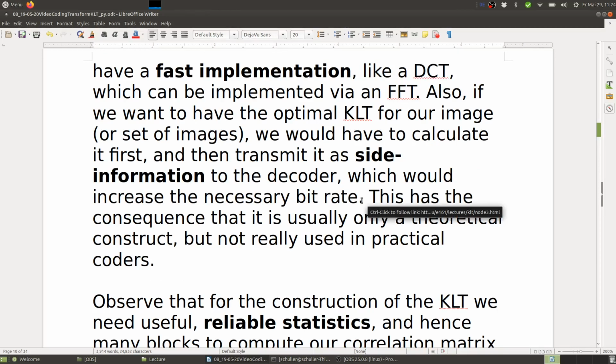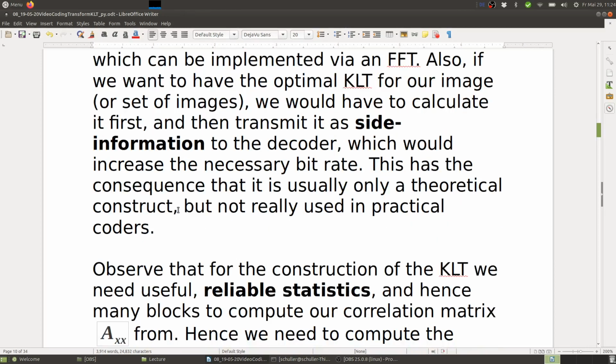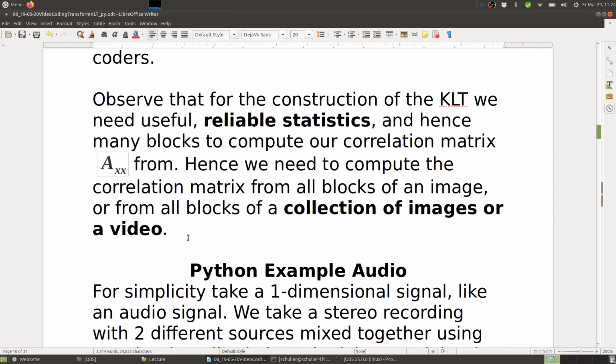Remember, the decoder also has to know which KLT we used to be able to invert it. This has the consequence that it is usually only a theoretical construct, but not really used in practical coders. Basically we can use the KLT to see how good our transform is, as a comparison.